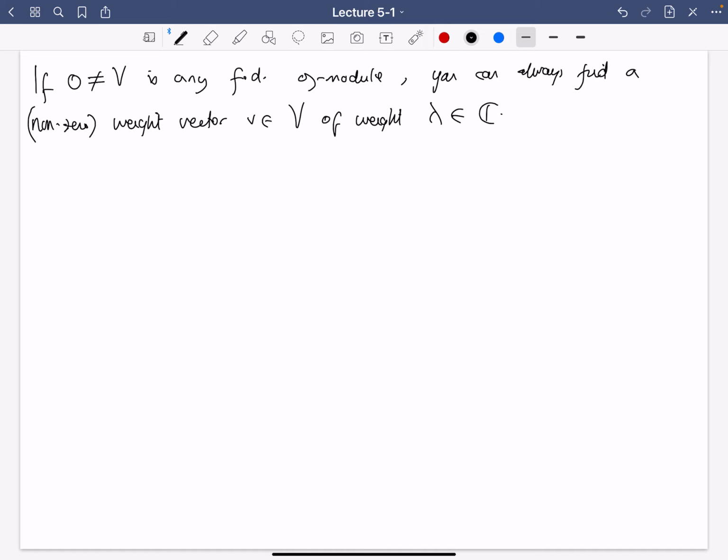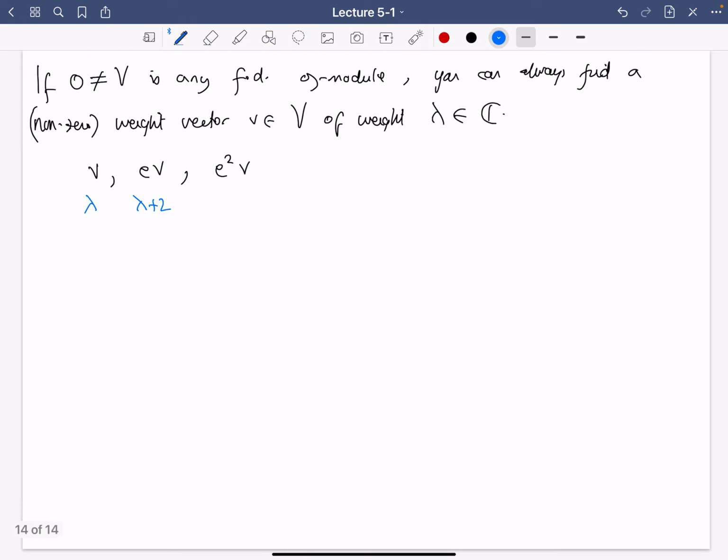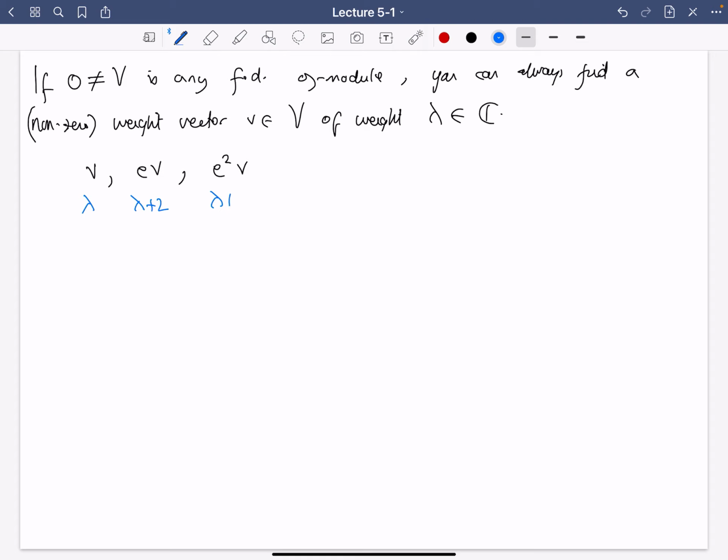And then the idea is you take your V. It might be that EV is 0, but if it's not, then there's a new non-zero vector. V is of weight lambda, EV is of weight lambda plus 2. You can keep going. You can apply E again. Might be that that's 0, but if it's not, then here's a new vector of weight lambda plus 4, and so on.